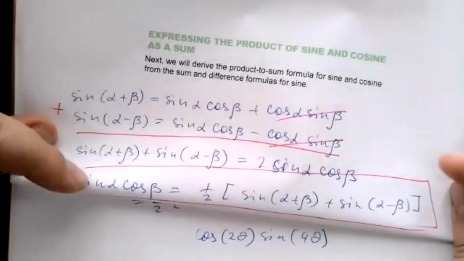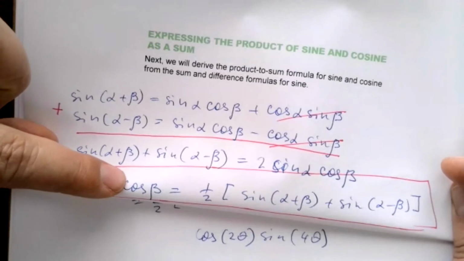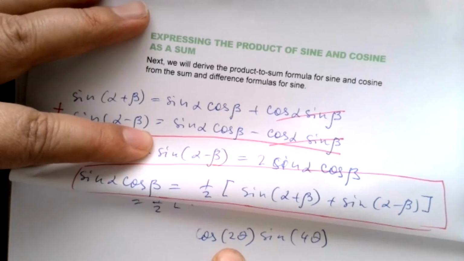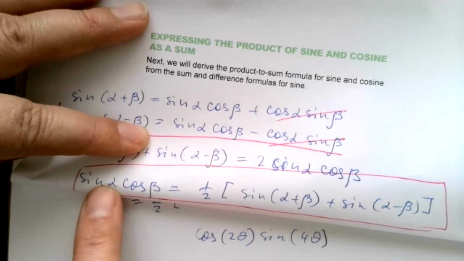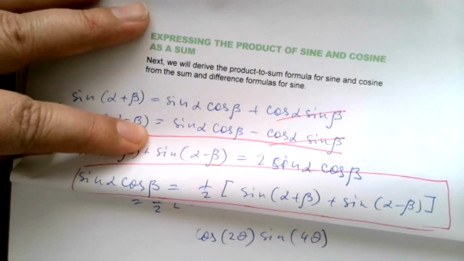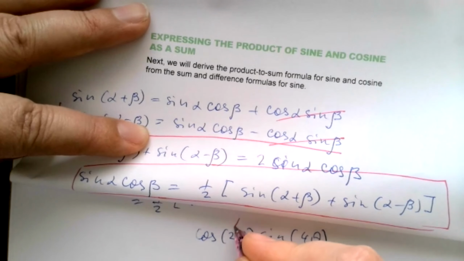You would still know that in the cosine it's beta. So 2 theta is beta. And the argument of sine, that's your alpha. Okay, so you would mark this beta and this alpha.